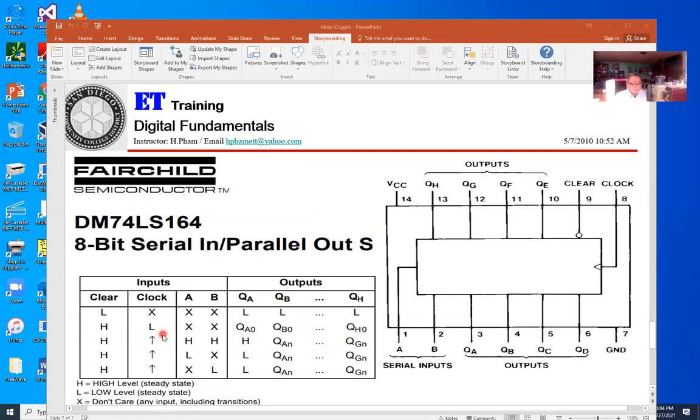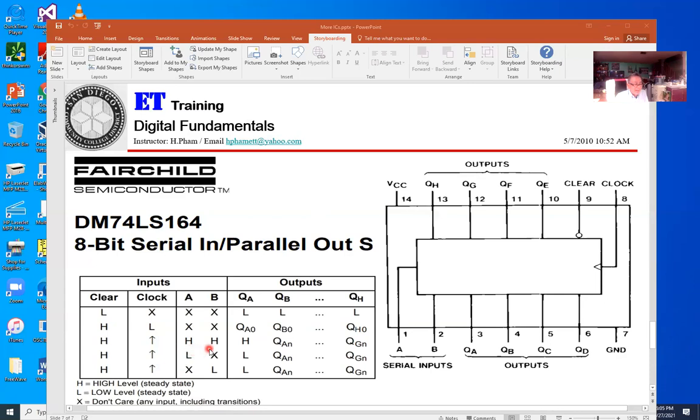When the clock is 0, no clock, then they don't care about A and B. The output, whatever it was, will be the same. If it was 1 0 1 0 1 0 1 0, it will still be 1 0 1 0 1 0 1 0.